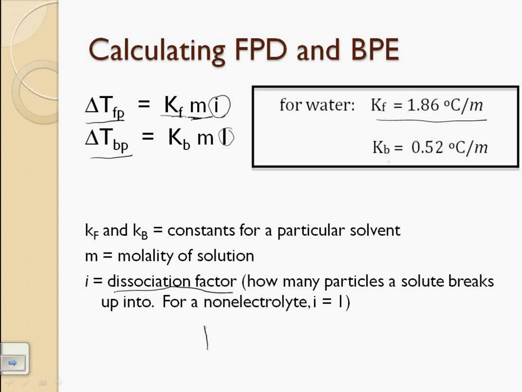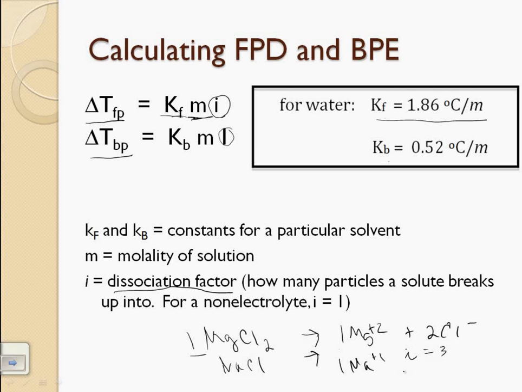So we know if we have, let's say, magnesium chloride, when it breaks up in solution, we get 1 magnesium plus 2 and 2 chlorine minus 1. So each one of these breaks up into 1 plus 2, or 3 ions. So this has an i equals 3. So if I just had, let's say, sodium chloride, it's going to break up into 1 sodium plus 1 and 1 chlorine minus 1.